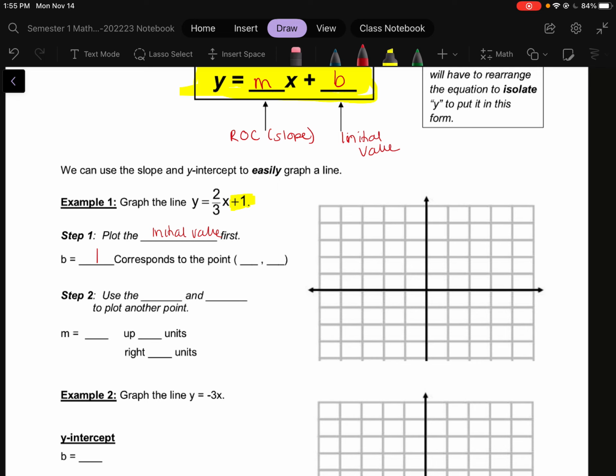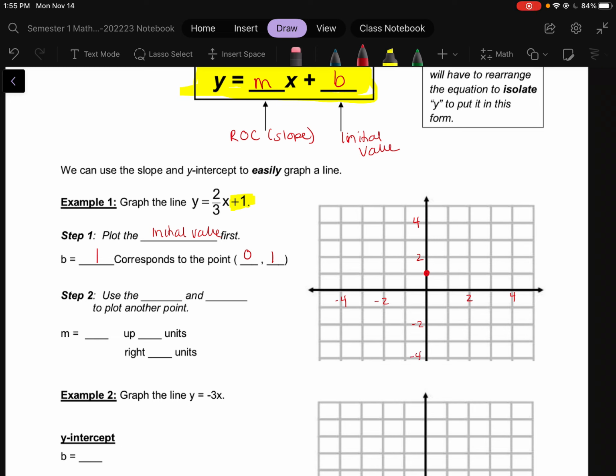In this case it is positive, so that means it is 1, and the point corresponds with 0 and 1. So based off this graph, we need to look for where 0 and 1 is and plot our point. Okay, so please make sure you plot that now if you have not done so already, as I fill in our graph, just so we are ready to go.